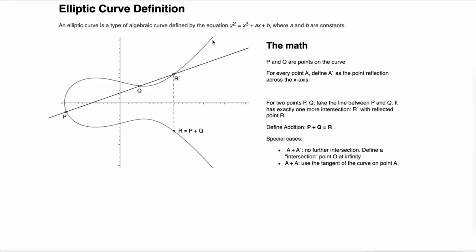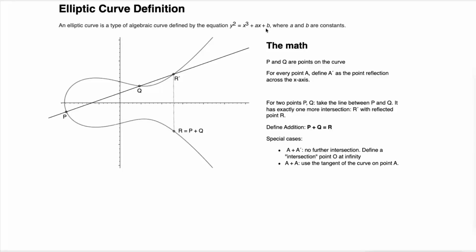But overall, let's just say there are properties of the curve, and we will see. Generally, elliptic curves, depending on A and B, can look completely different or have different shapes, and we want to look at a curve that has roughly this shape.